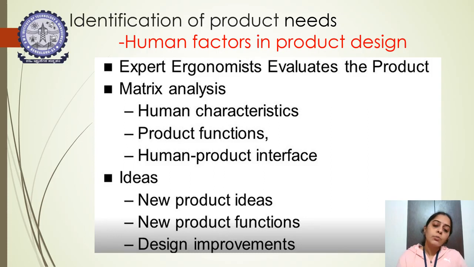Along with that, the human being also provides certain ideas or ideality concepts when a new product has to be designed. So these are nothing but the new product ideas, new product functions which would be embedded into the existing one. What the design improvements could be for the existing one.